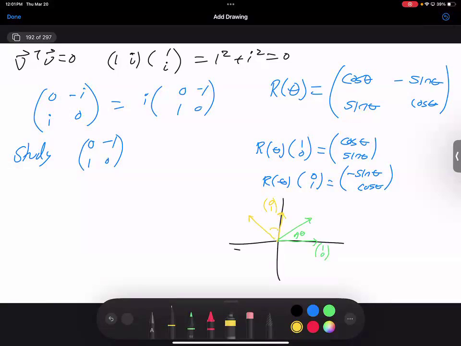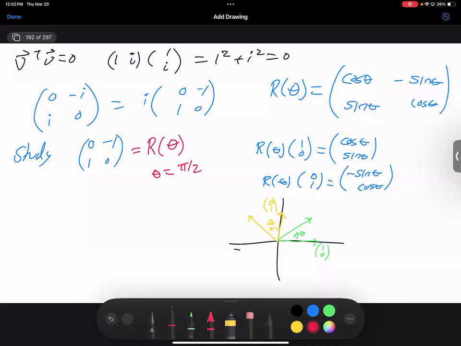That should also be moving it theta like that. If theta is a small number, it's going to have a positive y component and a negative x component. This is essentially the same as just turning by theta radians. So if I wanted to write 0 minus 1, 1, 0 as R of theta, what would theta equal? Pi over 2.